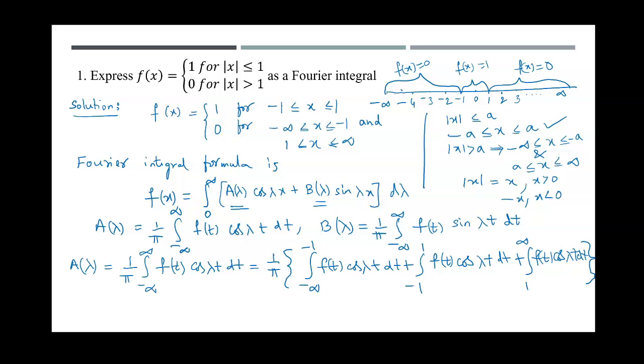So here the interval minus infinity to infinity is divided into 3 intervals. First interval is minus infinity to minus 1, then minus 1 to 1, then 1 to infinity.